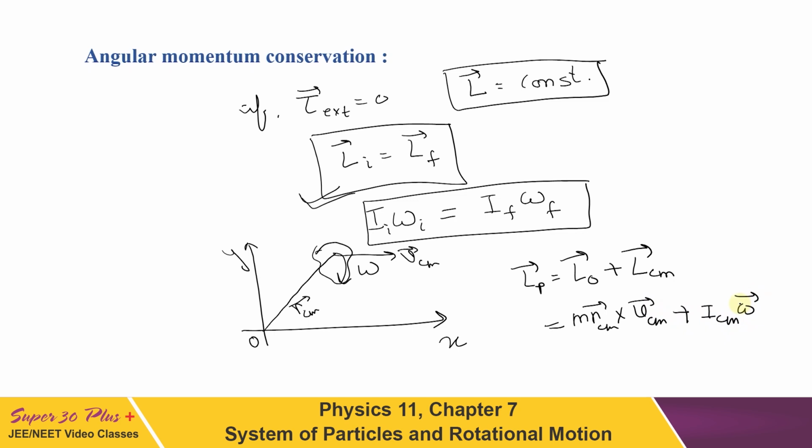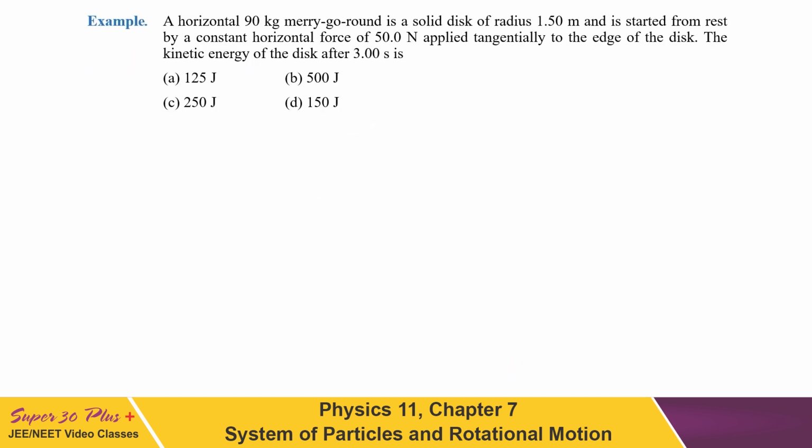Here we have considered that this particle is rotating about the center of mass, and then the center of mass is translating. So we have to consider both parts. First, it has to be for the center of mass, which is translating, and then rotation about the center of mass. So on writing these two terms, we can write the angular momentum for the whole body when the axis of rotation is not fixed. Let us solve one example.